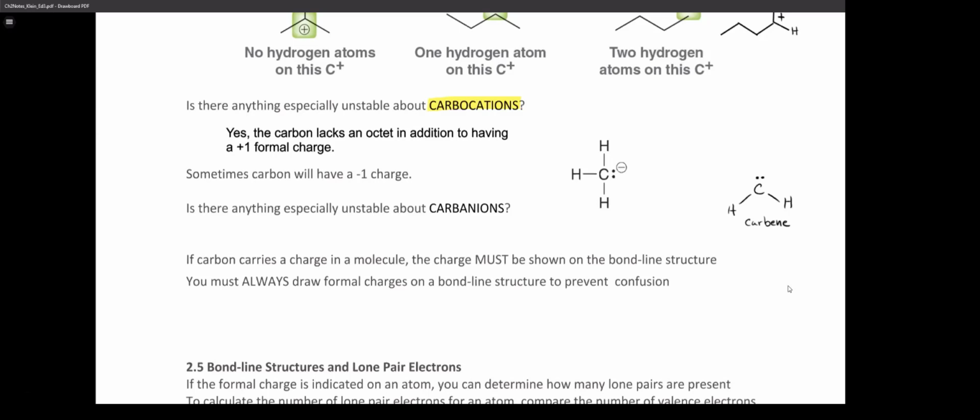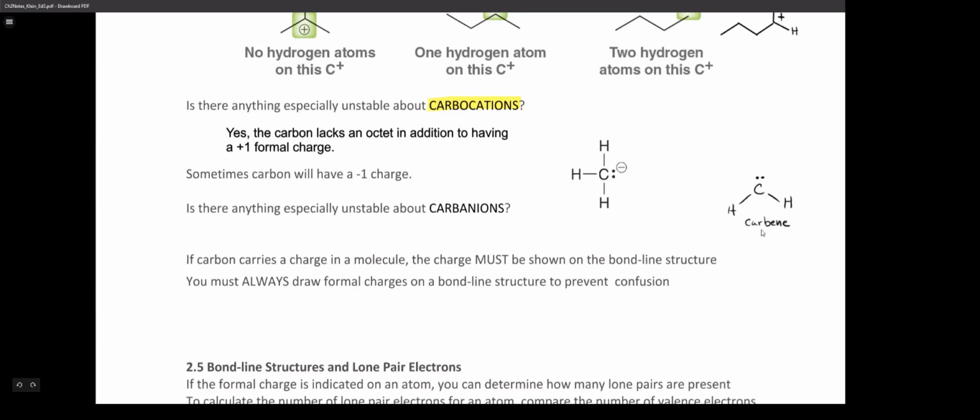In one of the labs we talk about later on, we use dichlorocarbene, which would be Cl and Cl. It's so violently reactive that it will attack a double bond carbon and attach itself to make basically a 3-membered ring.